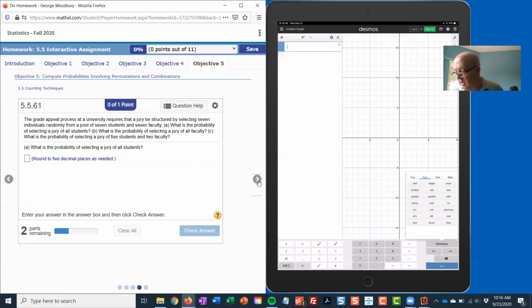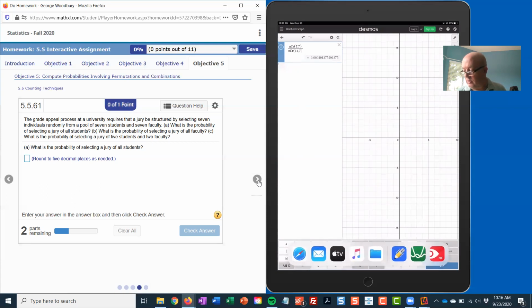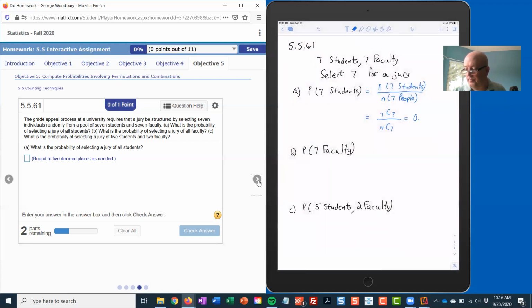So functions, NCR, and in parentheses, I type 7, comma, 7. Same order as what I had. And then I'm going to divide that by functions, NCR, 14, comma, 7. And there's my result to 5 decimal places. That's 0.00029. Add that back in there.